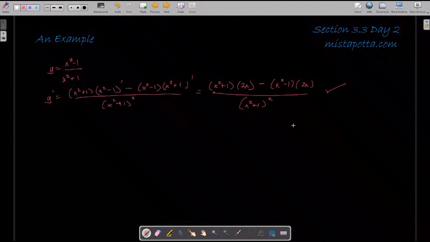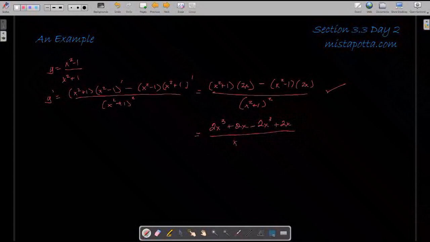If I take it another couple of steps, if I actually distribute in the numerator, I'm going to have 2x cubed plus 2x minus 2x cubed plus 2x all over x squared plus 1 squared, which gives me 4x over x squared plus 1 squared.